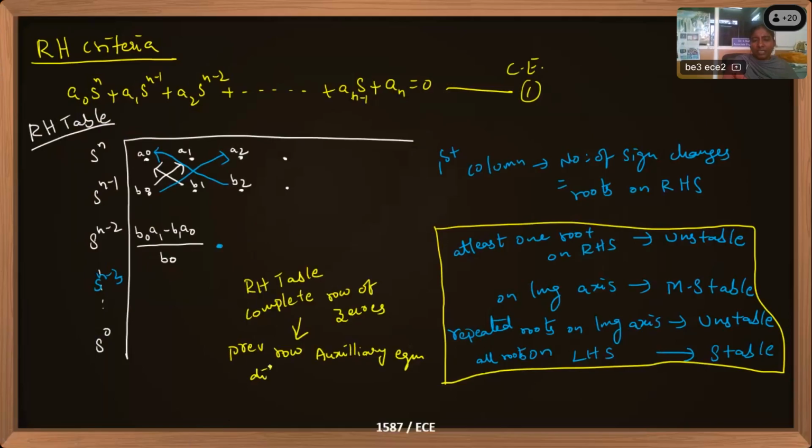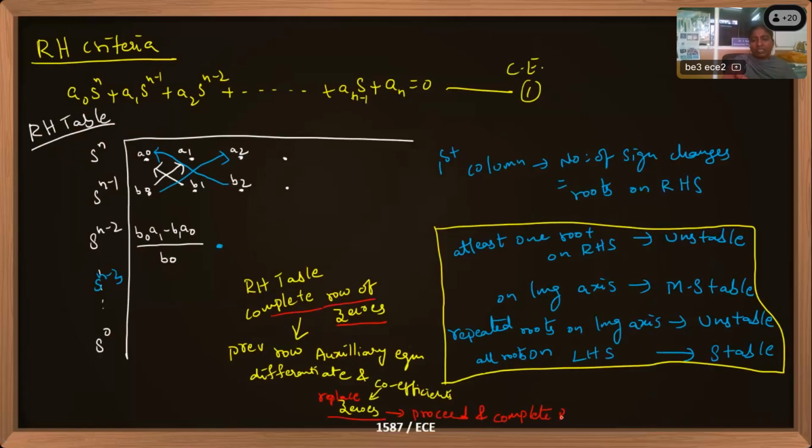Then whatever coefficients we get after differentiating, we fill in the place of the zeros. Then proceed and complete the RH table.